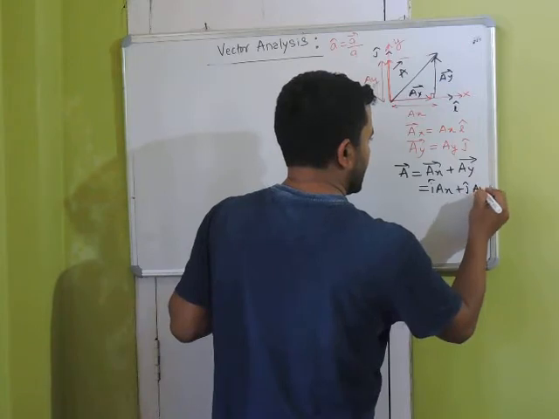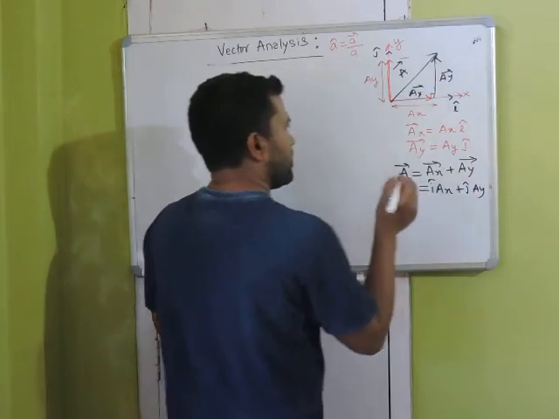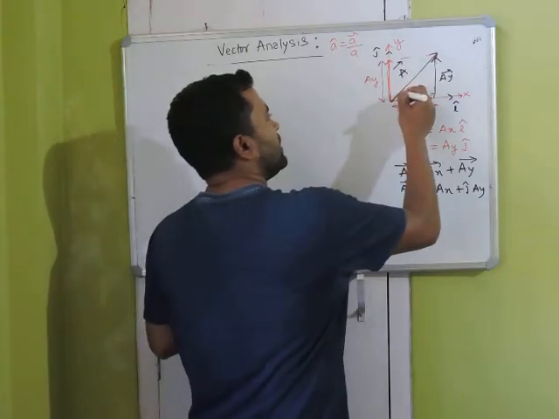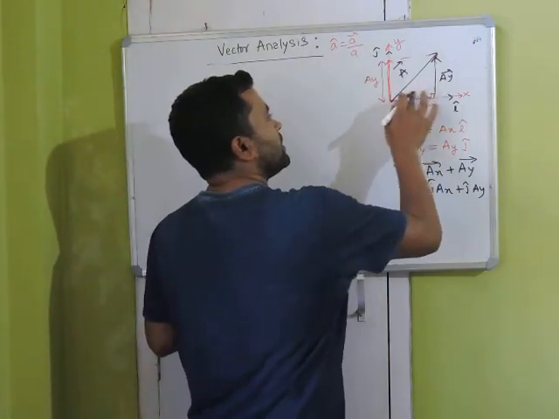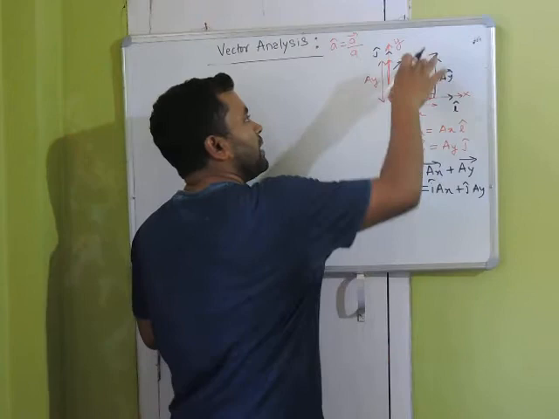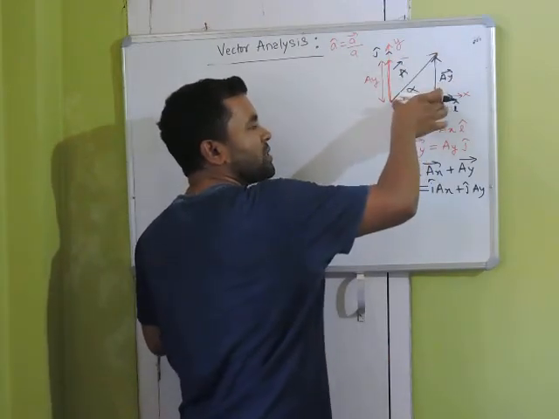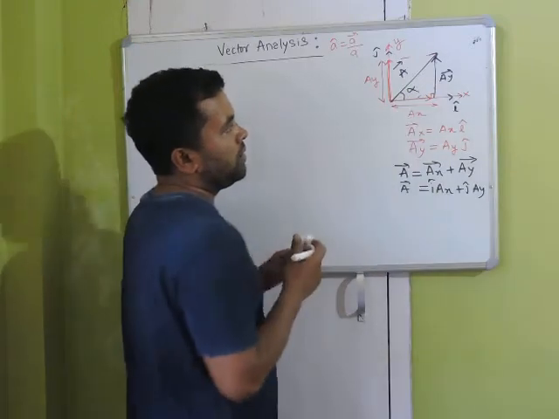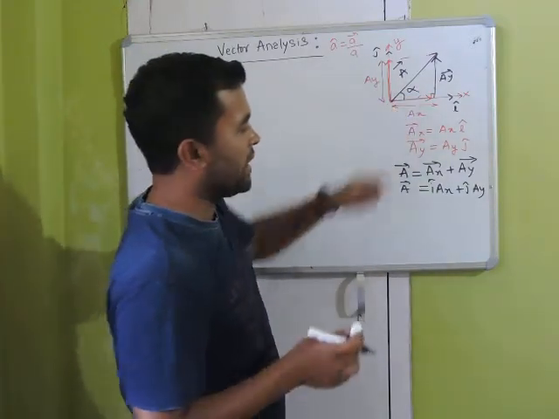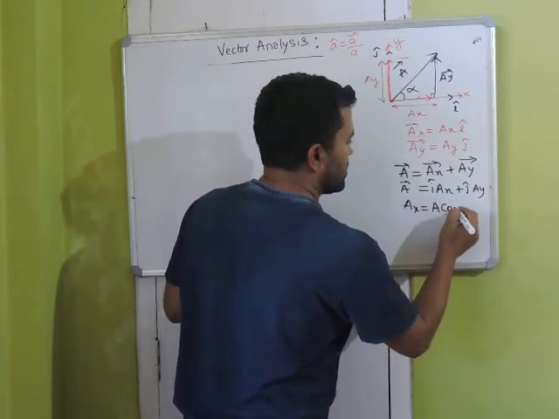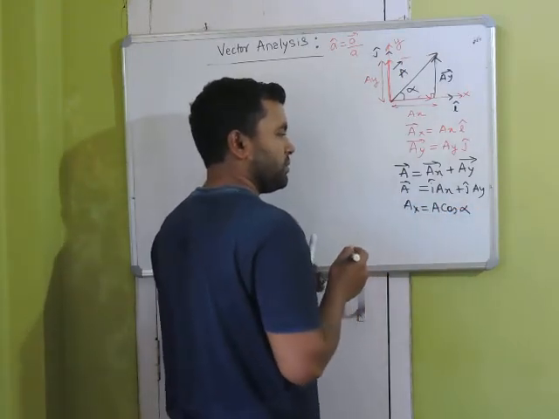j cap. Now one more point I told you: if you know this angle, let us say alpha, then the component Ax is nothing but this vector times the cos of this angle. So Ax is A cos alpha.